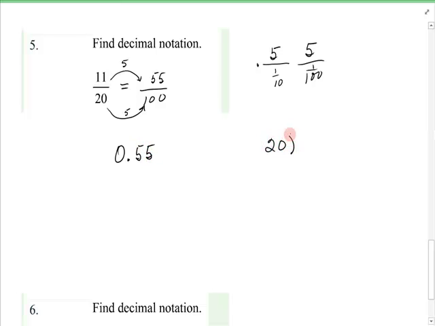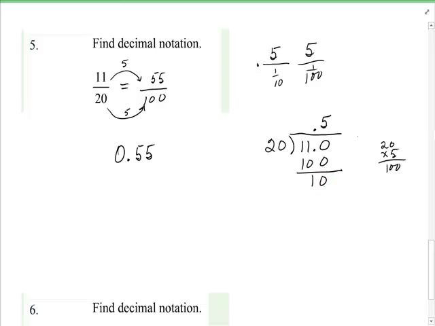Let's do it with division. 20 into 11. Add the decimal point and go ahead and start with your first 0. 20 doesn't go into 1, it doesn't go into 11, but it goes into 110. I'm going to guess it goes about 5 times because 20 times 5 is 100. All right, so there's my 5. 5 times 20 is 100.